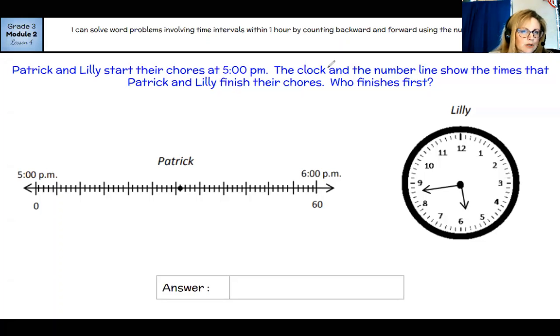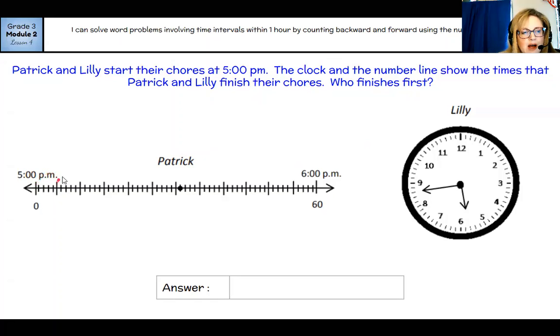All right, let's take a look at this story problem. It says Patrick and Lily start their chores at 5 o'clock p.m., so they both start at 5. The clock and the number line show the times that Patrick and Lily finish their chores. Who finishes first? All right, so let's take a look at Patrick. We're showing time, but we're showing it two different ways. So this way is on the number line, which we've been practicing. So they set up the number line. It starts at 5.